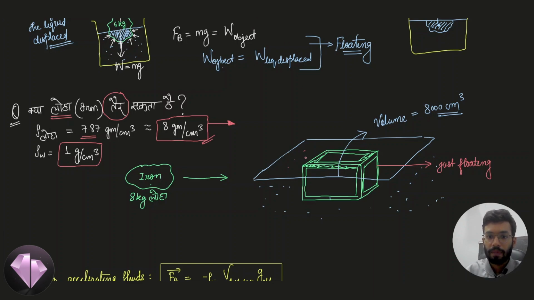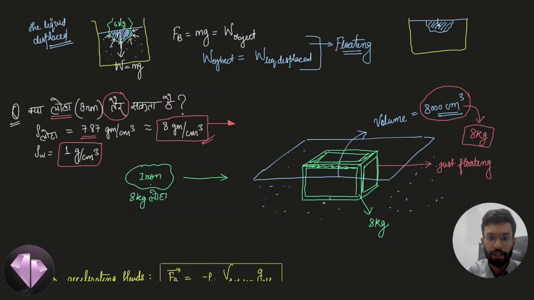So this will displace some liquid जिसका volume is exactly 8000 centimeter cube, and a liquid having volume 8000 centimeter cube will have a weight of exactly 8 kgs, correct? And the peculiarity is weight of my iron is also 8 kg. Weight of my iron is 8 kg, weight of the liquid displaced is also 8 kg. So this will make my iron float.